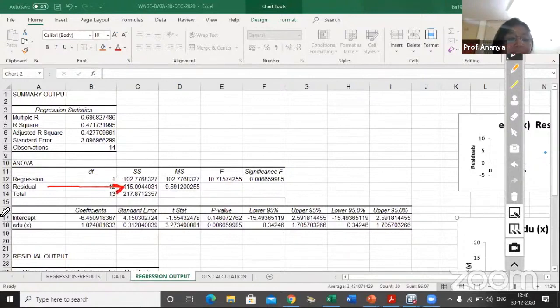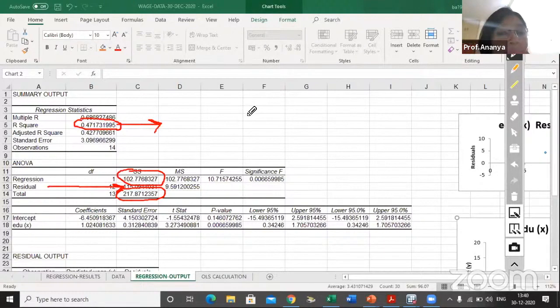So what you're trying to do through your regression model is use education to explain variance of wages, and the extent to which you have been successful is captured over here. This is your R squared. The R squared is nothing but a measure of what percentage of the total variation has been explained by your model.